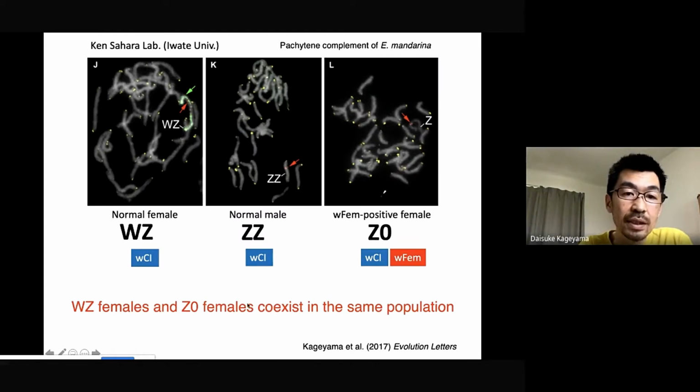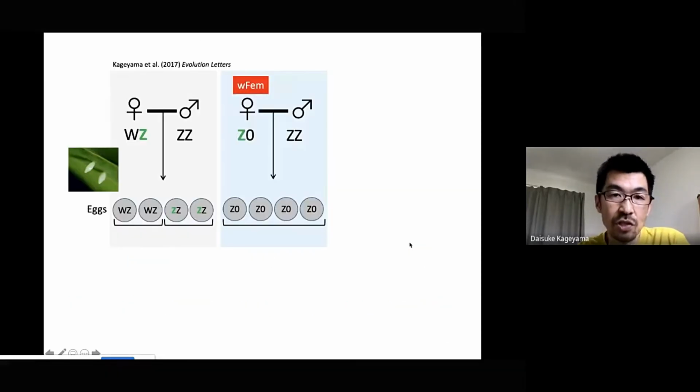So there are two types of females. One is single infected, and the other females are double infected. And the chromosome observation clearly shows that the normal females are ZW and the wFem-positive females are ZO. It's a quite different sex chromosome constitution.